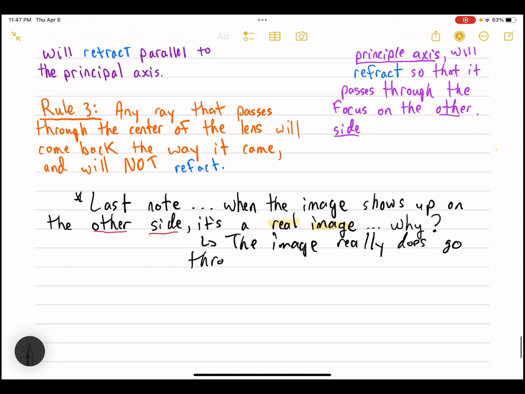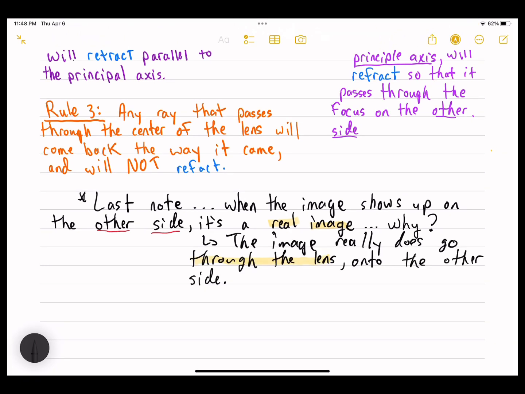And onto the other side. And so because in real life that's exactly where you would see the image formed, through the lens and onto the other side, it is a real image. So a converging lens is always going to form a real image, although it will be inverted and enlarged.